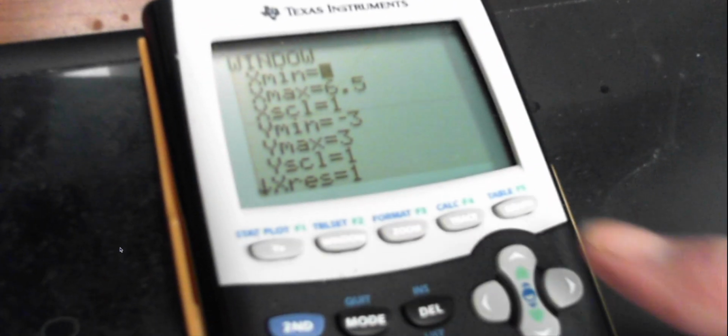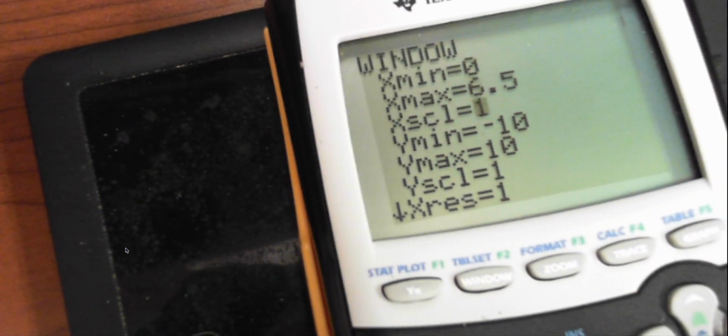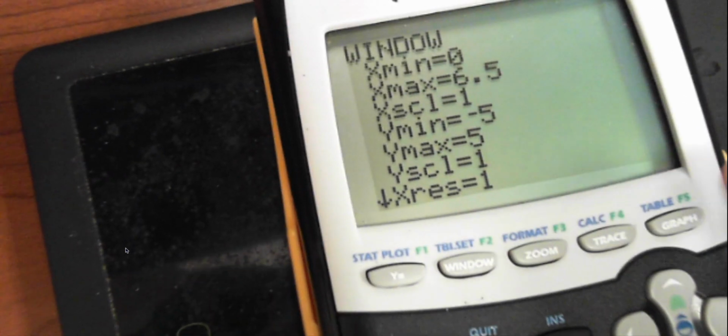So if we look at my graph, I guess I could do the window a little higher for the y values. There we go. So from 0 to pi over, oh, maybe that's too high. -5 to 5.